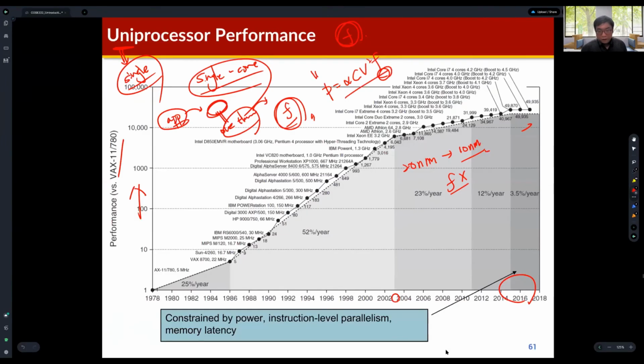So the performance improvement actually benefits from architectural techniques. From this point, the clock frequency of a CPU is nearly the same.